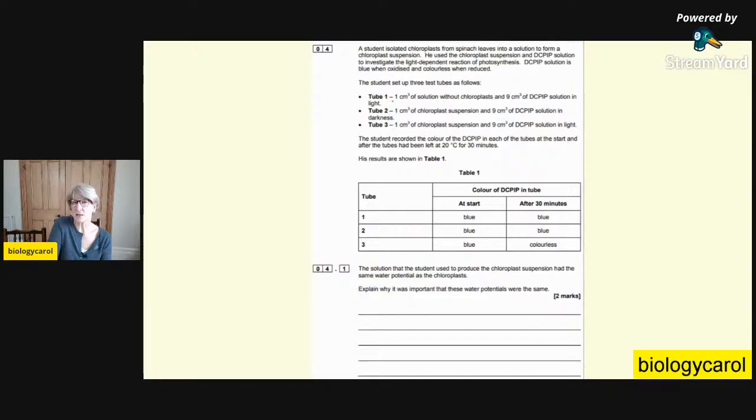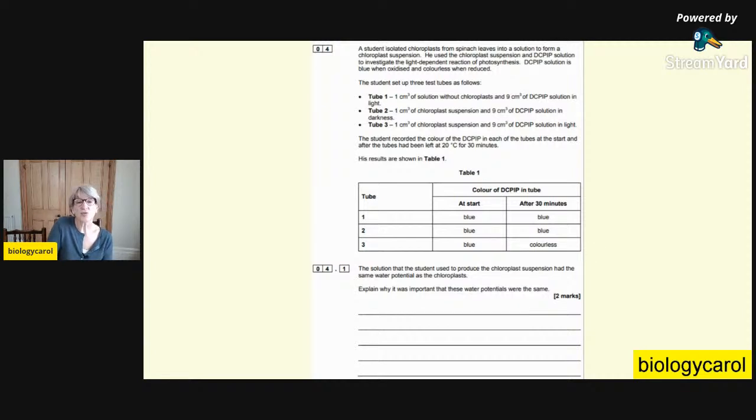I wouldn't be expecting this one to change color because there's no light. And tube 3, chloroplast, DCPIP and light. This is the one I'd expect to change color, which is what is shown in the table.